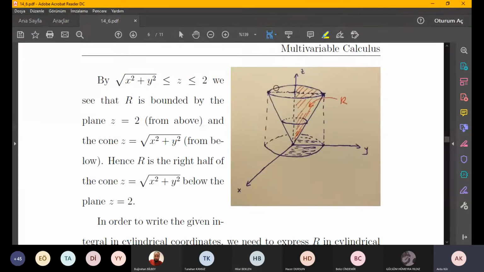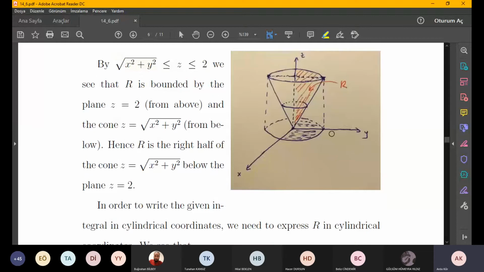Then by using the boundaries of z here, we can say the integration region R is that shaded half of the cone.